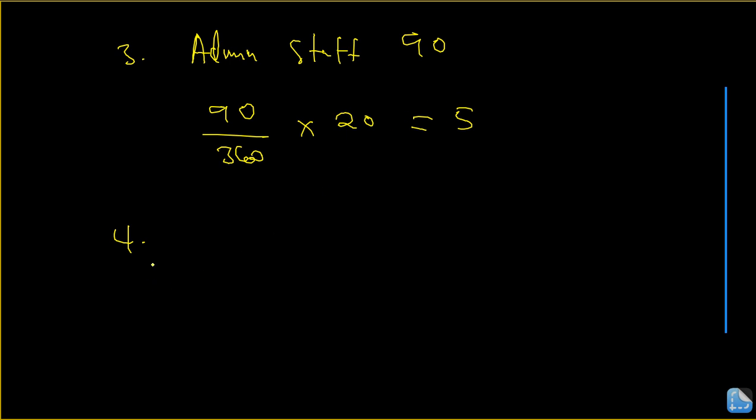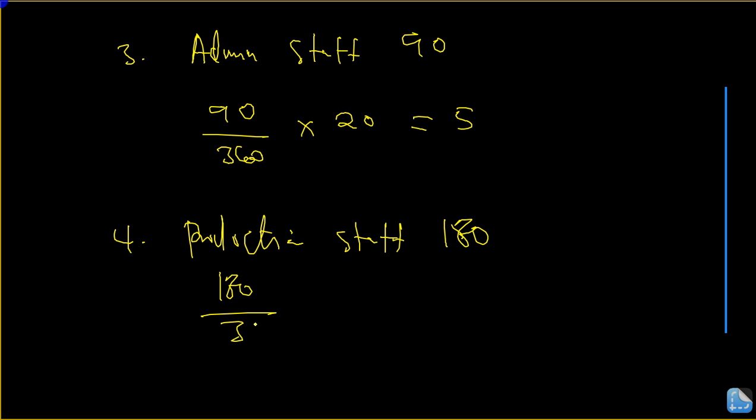And then the last one is the production staff. For the production staff, we have about 180 staff members. So it will be 180 over 360 times 20. What will be the number there? Okay, so it's 10.